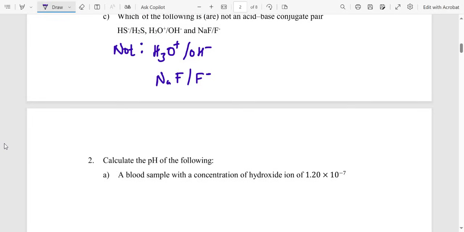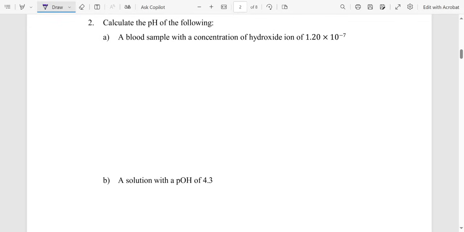All right. And then number 2 is saying calculate the pH of the following. A blood sample with a concentration of hydroxide of 1.20 times 10 to the power negative 7. So they've already given us the concentration of hydroxide. Since we know it, we can calculate what we call pOH.